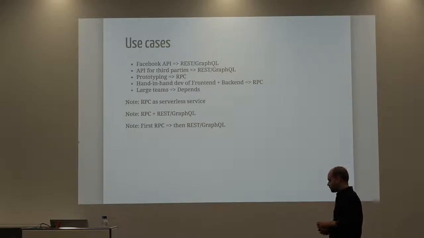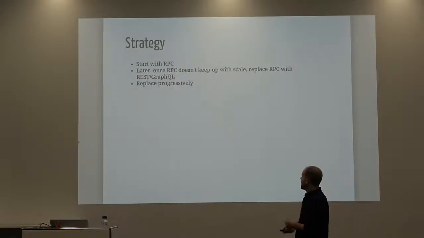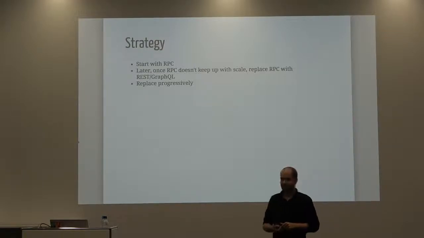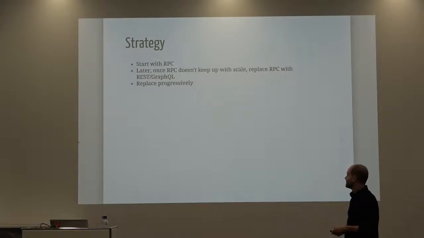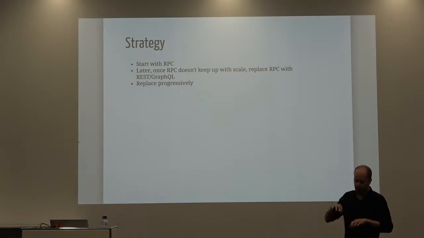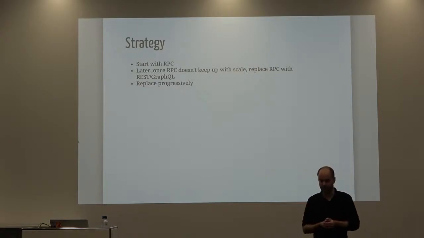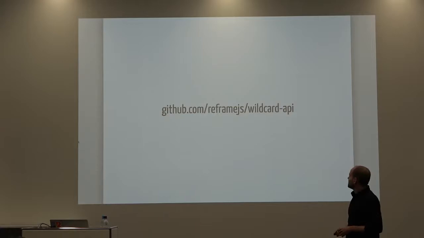And that's pretty much it. So that's what I was just saying. Start with RPC, and then as you realize you need a schema, you start to replace it with REST or GraphQL. That's it.